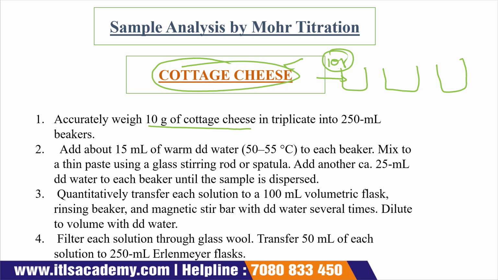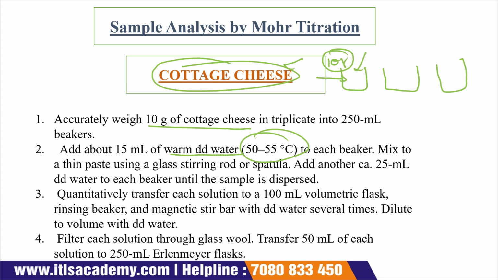Then after that we add 50 ml of warm deionized water, and the temperature of this water is around 50 to 55 degrees Celsius. And when we add this warm water to each of the beakers, then after that we mix this.